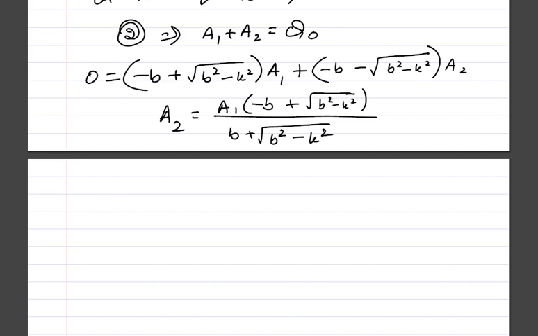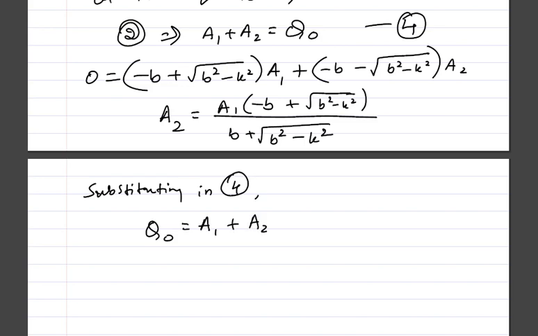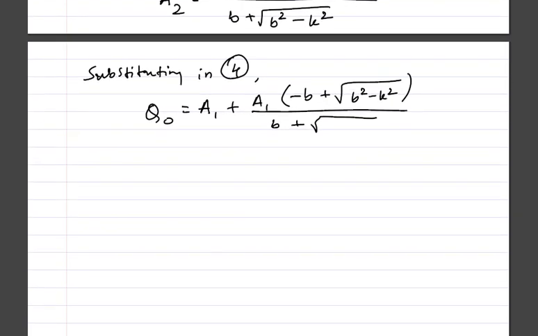And if you substitute in, let us say, equation 4, you get q naught is equal to a1 plus a2, and in the place of a2 I will write the new term, a1 into minus b plus square root of b square minus k square, divided by b plus square root of b square minus k square.